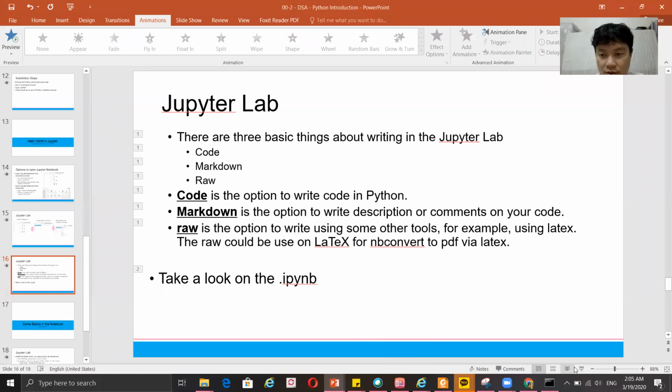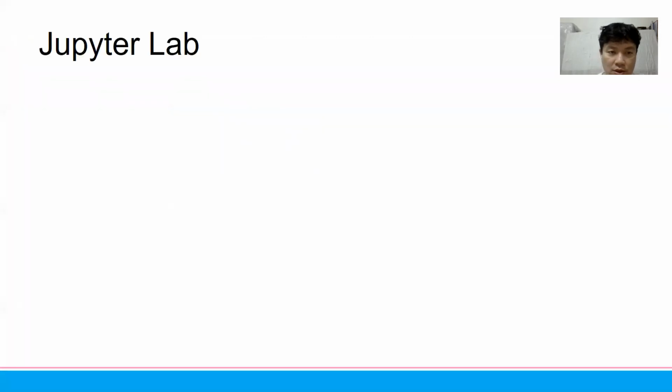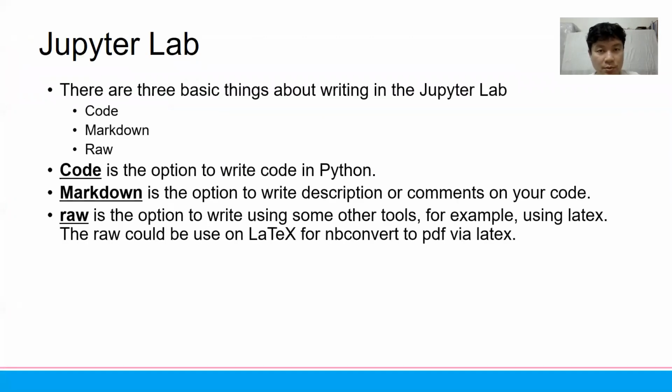So the things you want to check here, there are three things you will learn. The first is about the code, the other is about the markdown, and the last one is about raw. Code is the option to write code in Python. Markdown is the option to write description or comments on your code. And the raw is the option to write using some other tools, for example, LaTeX.